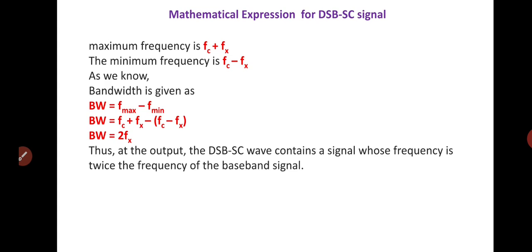If we substitute these values, we will get bandwidth equal to 2 times fx. The bandwidth of the DSB-SC wave is the same as that of the amplitude modulated wave. It is equal to twice the frequency of the modulating signal.